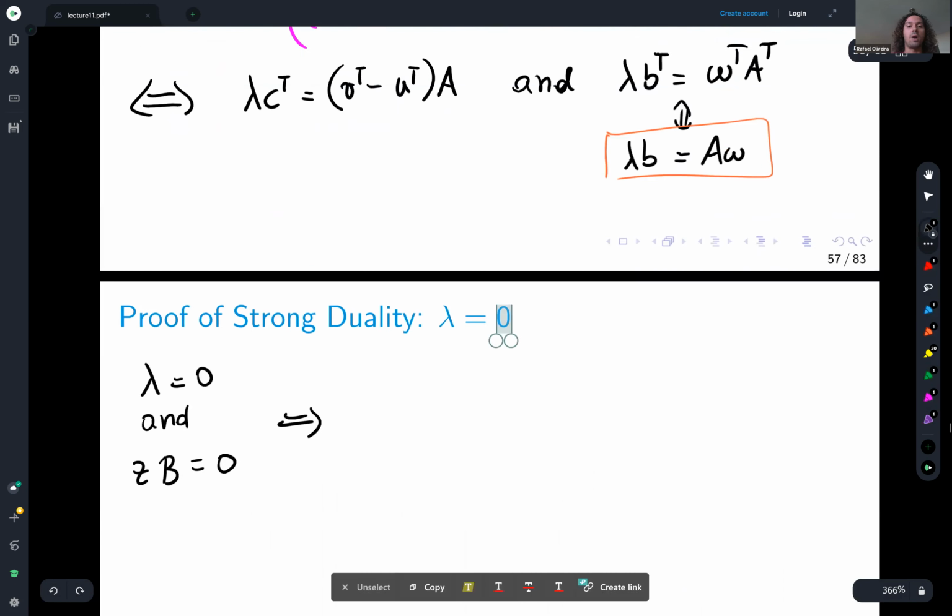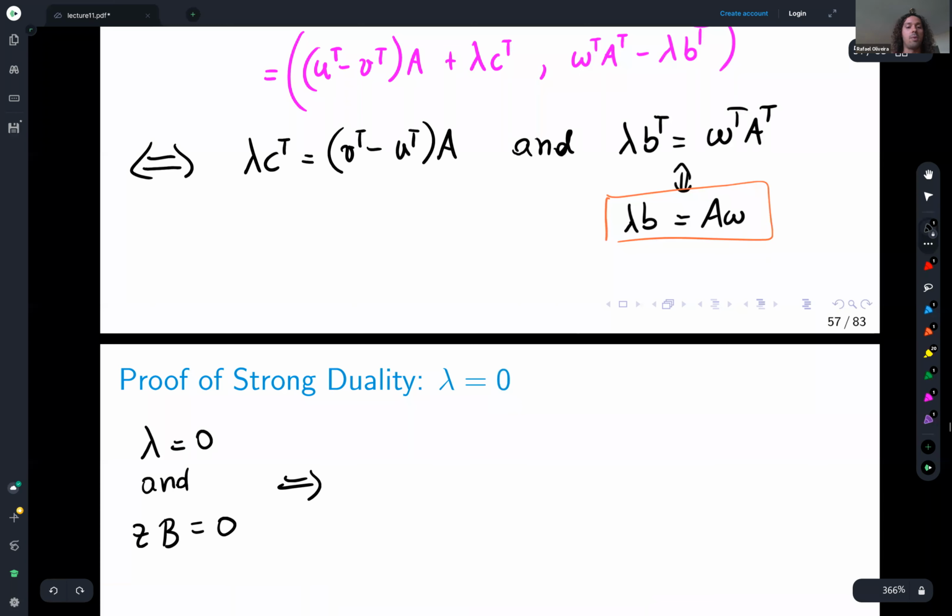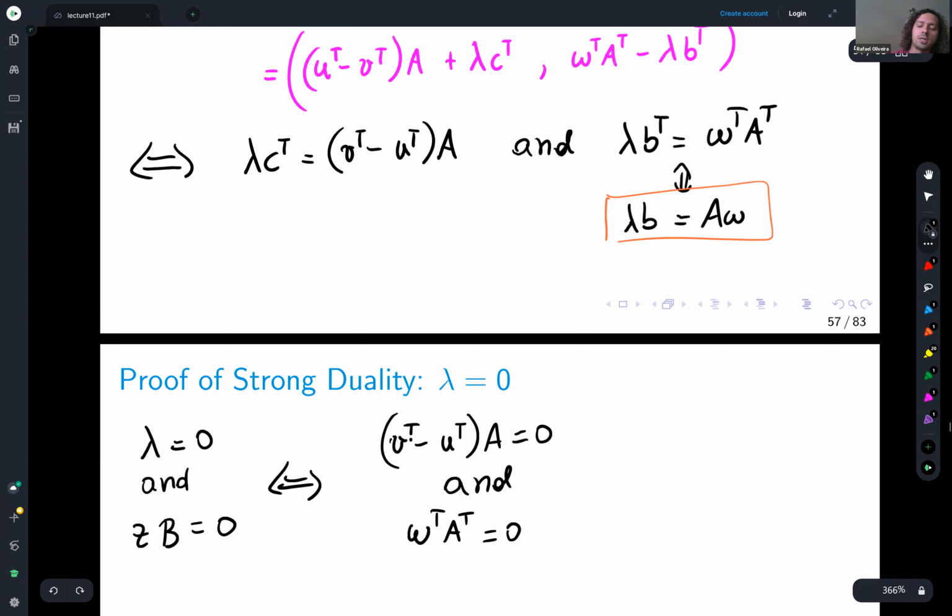Let's look at the equalities here and see what they become when I replace lambda by 0. First of all, we have that V transpose minus U transpose A has to be equal to 0, and W transpose A transpose is equal to 0, which is equivalent here to AW equals 0. Does that make sense? This is just because we're in the case of lambda equals 0.